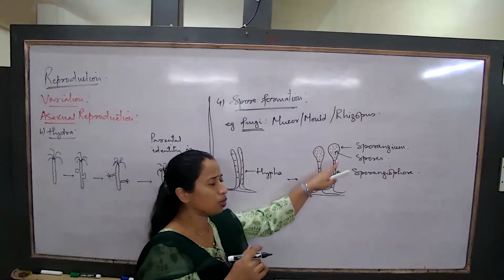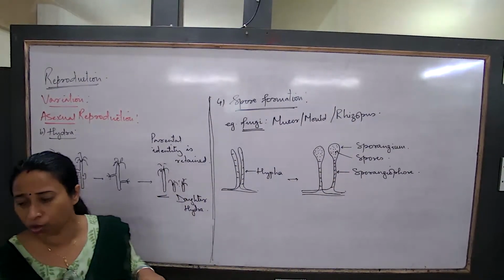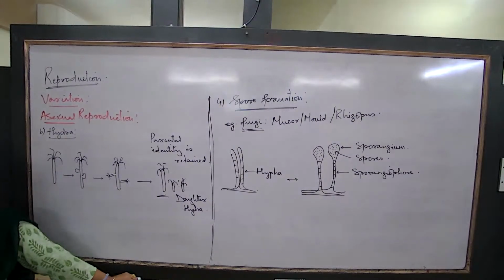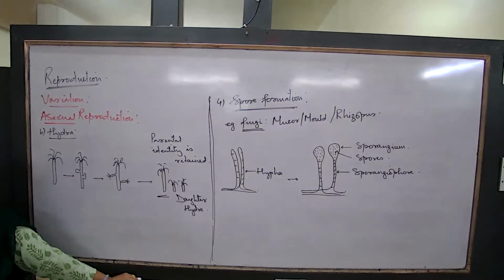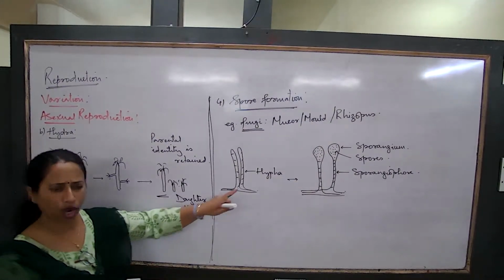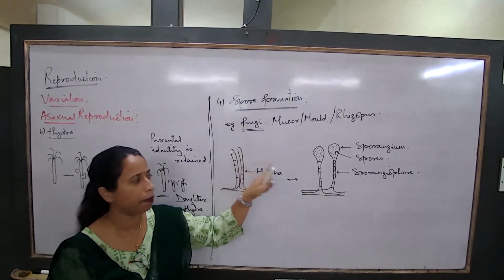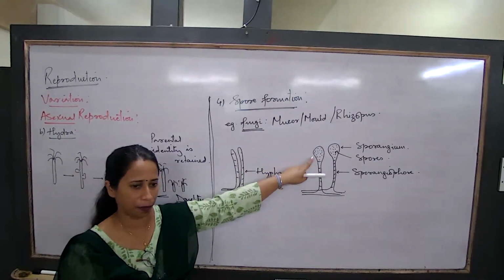So to these nuclei we give a specific term. What are these specifically known as? Spores. Now here, unlike multiple fission, in case of multiple fission, what did we see? Every single nucleus is getting wrapped up by the cytoplasm. Here, not that much, because the amount of cytoplasm is so scanty there. So it is not that process.